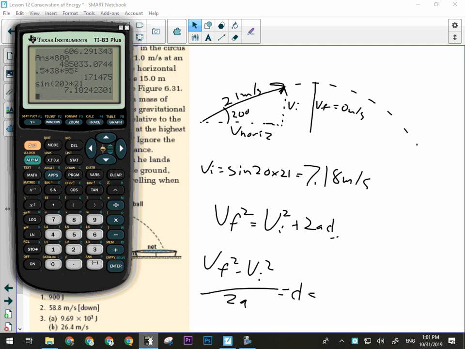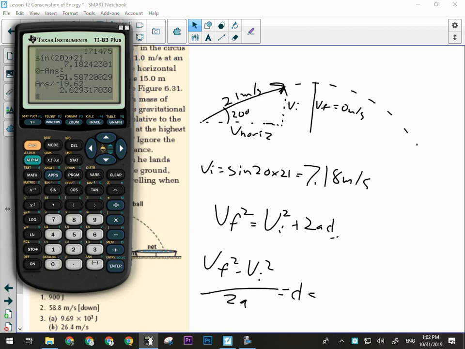So I'll have 0 minus 7.18 squared, and then I'm going to divide that by 19.62. And that should be negative. So the height that the human cannonball reaches above his launching point is 2.62 meters.